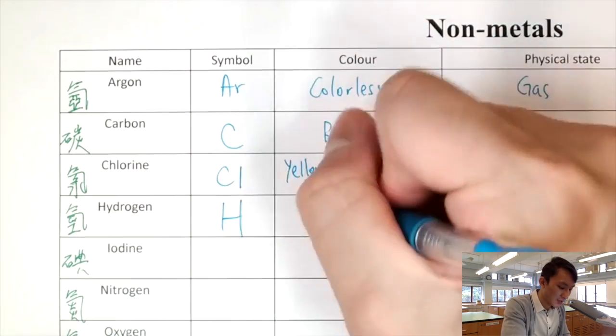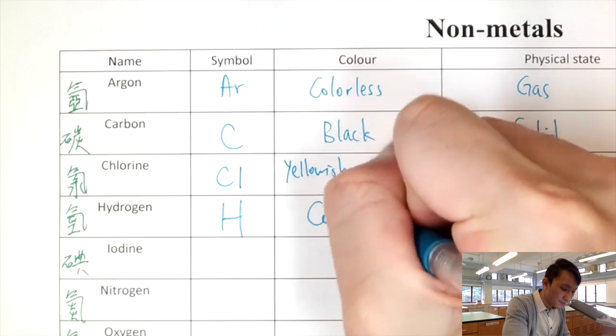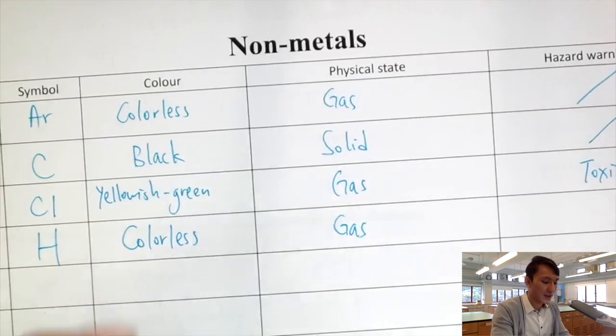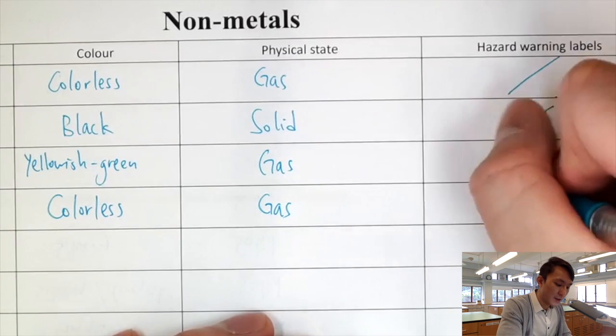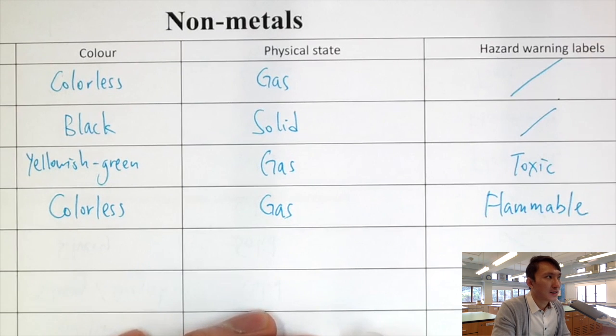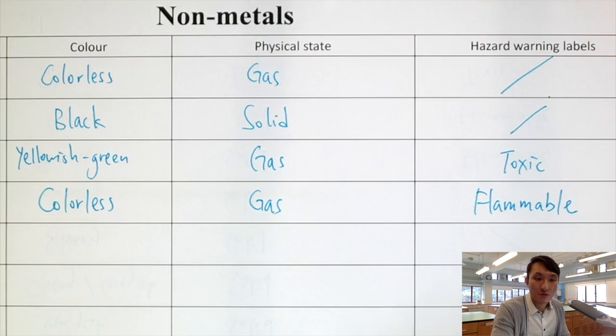H, colorless, and it is obviously a gas. But hydrogen is known to be flammable. As a matter of fact, our town gas, the one you use at your house for cooking, actually contains over 50% of hydrogen gas. So you can tell hydrogen is flammable.